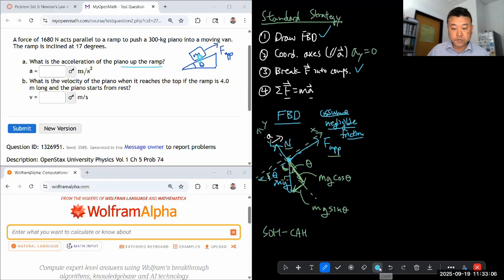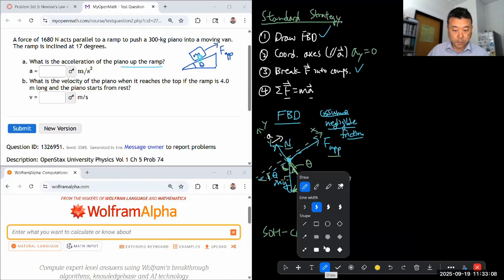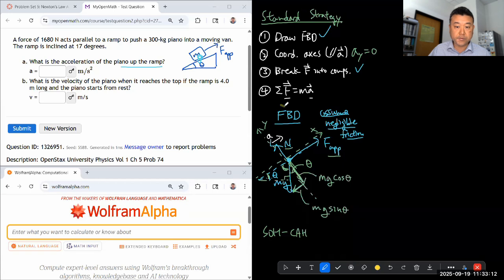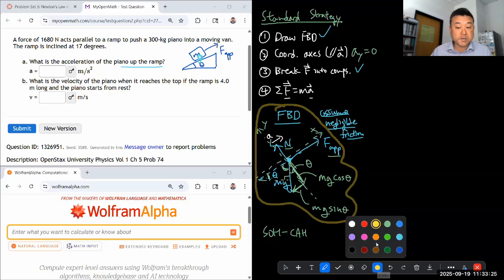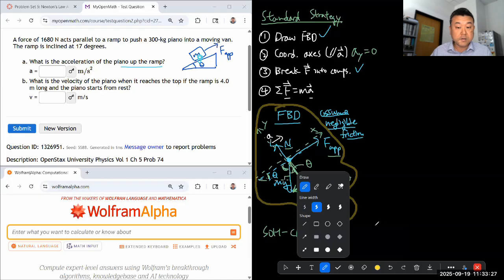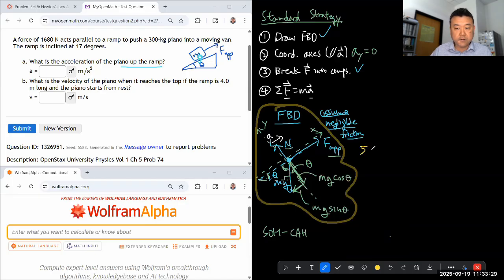Finally, when you get to step number 4, if you've been following steps number 1 through 3 carefully, you should basically have all the information you need in this annotated free body diagram. Step number 4 is a matter of simply reading off the information that's there. So I'm going to write down my net force along the x direction.